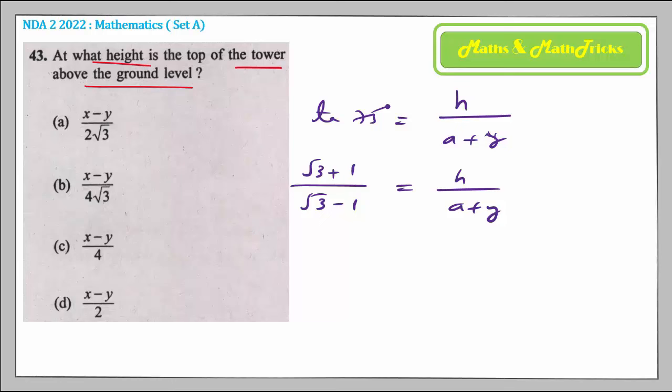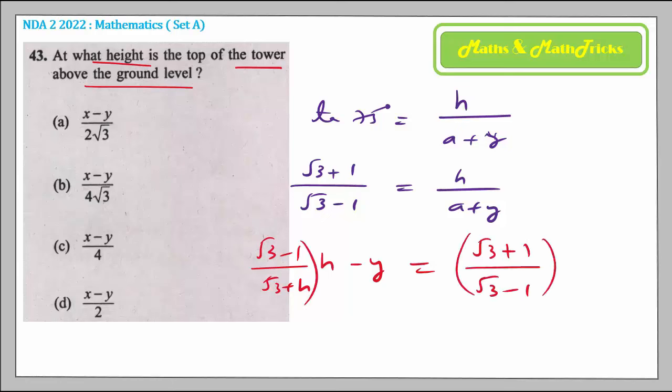So a will be equals to root 3 minus 1 upon root 3 plus 1 times h minus y, and this is equals to the previous a. I am putting it here altogether, root 3 plus 1 upon root 3 minus 1 times h minus x. So you can see the simplification for h then.